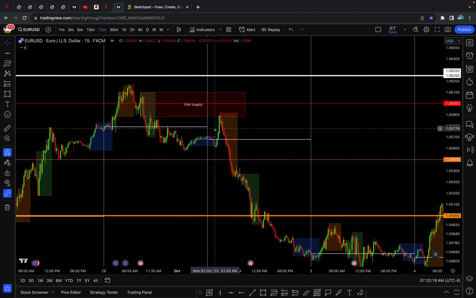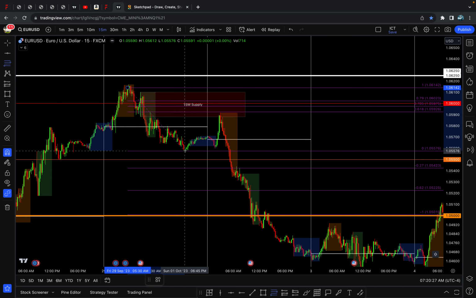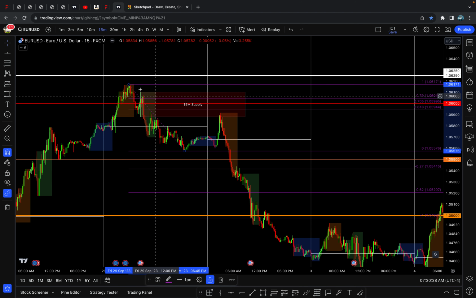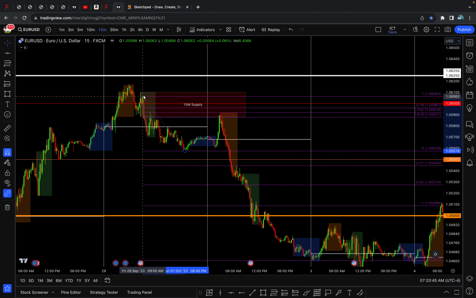But yeah, you can get these kind of confluences where, if you're drawing a Fibonacci, you can say okay, 61.8 is right here, or maybe you drew it actually from there, which would be better.